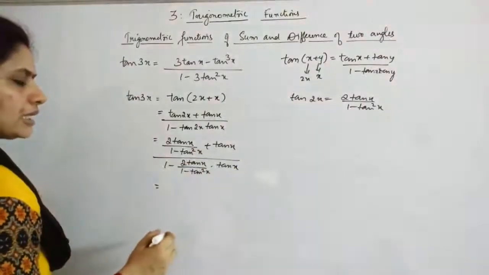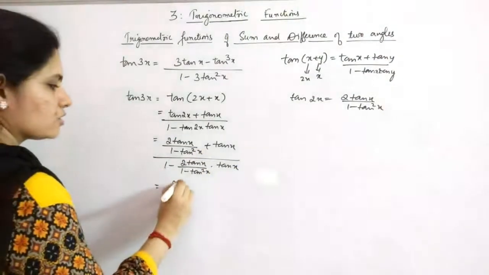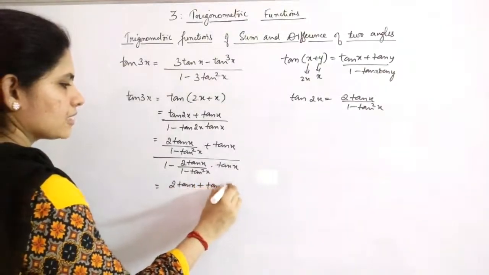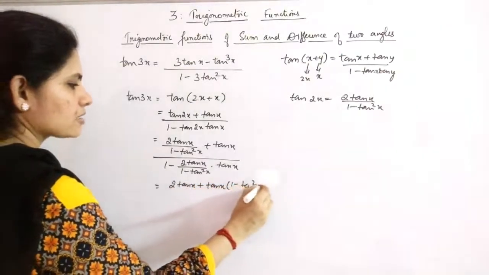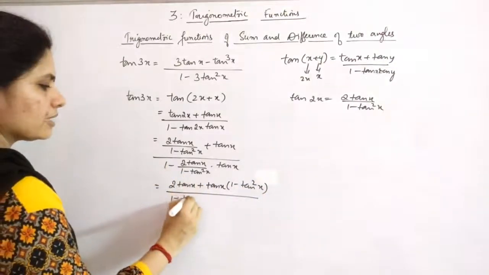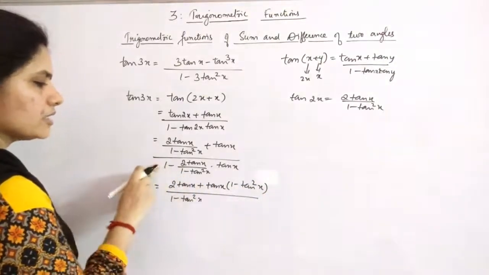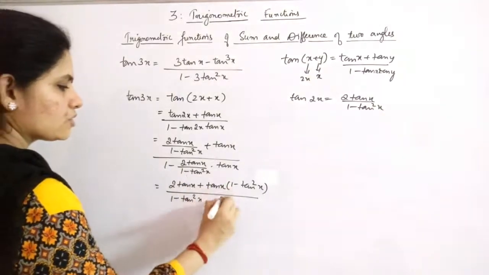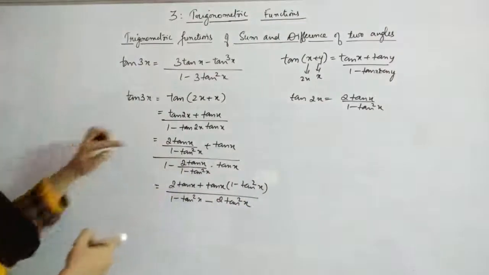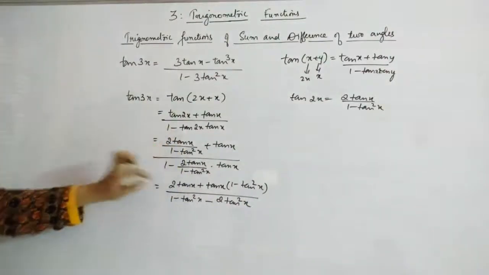So after taking the LCM, what you will get is 2 tan x plus tan x into 1 minus tan square x in the numerator, divided by, in the denominator, 1 minus tan square x with this minus 2 tan square x. Both the denominators are the same, that is 1 minus tan square x, so they will get cancelled after taking the LCM.